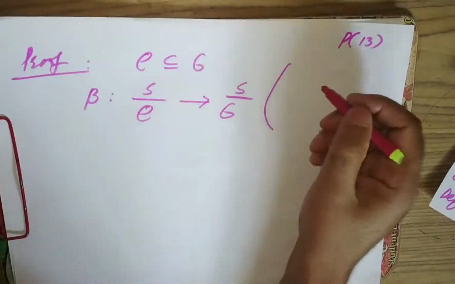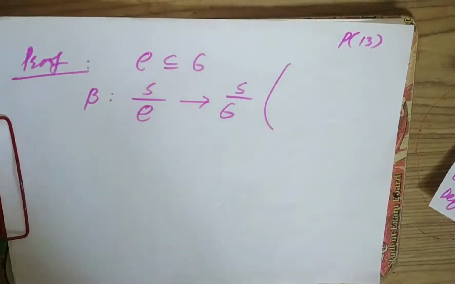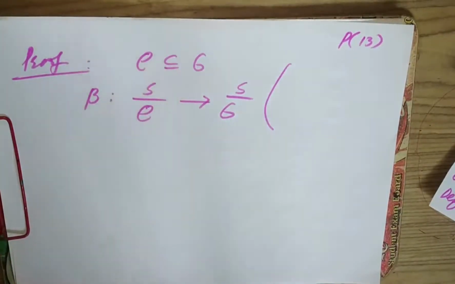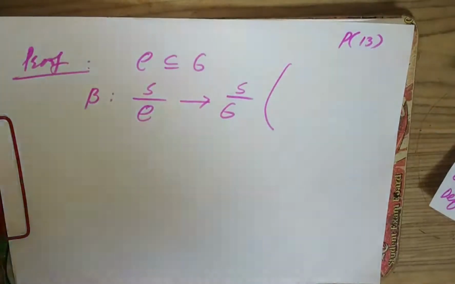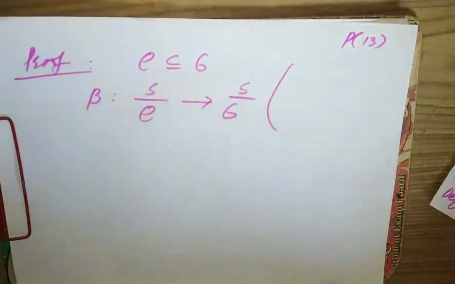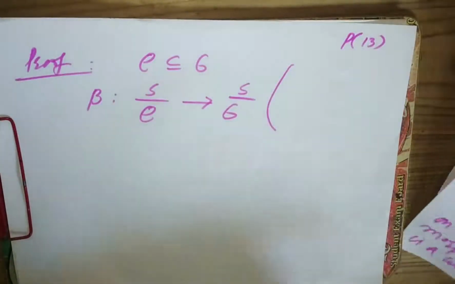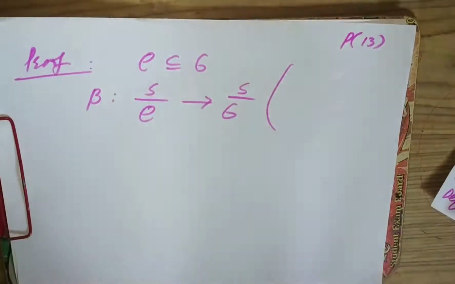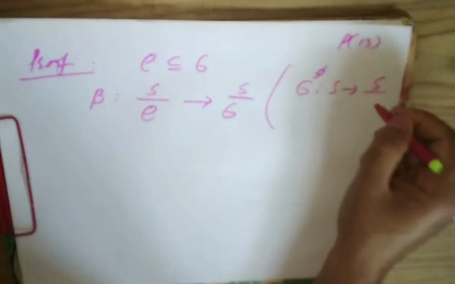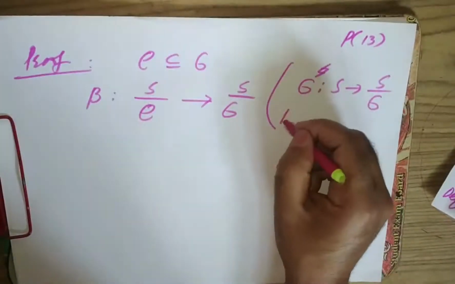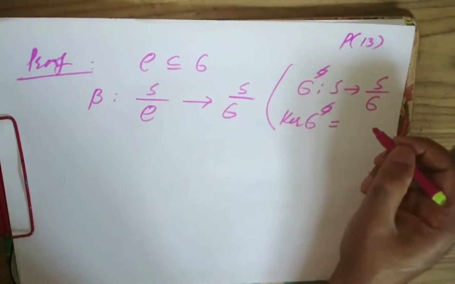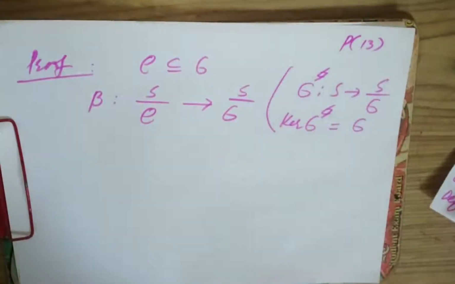Why is our T S over sigma? Because to apply this theorem, we must have phi a map from S to T, so that T is here S over sigma, because sigma natural is a map from S to S over sigma, such that the kernel of sigma natural is the same as sigma.